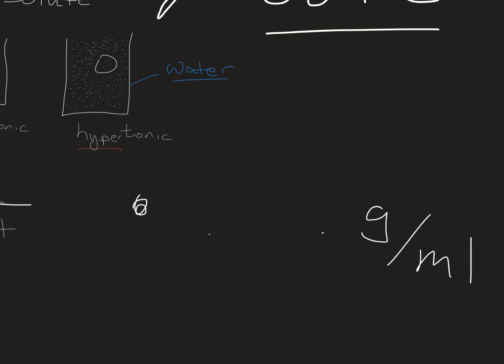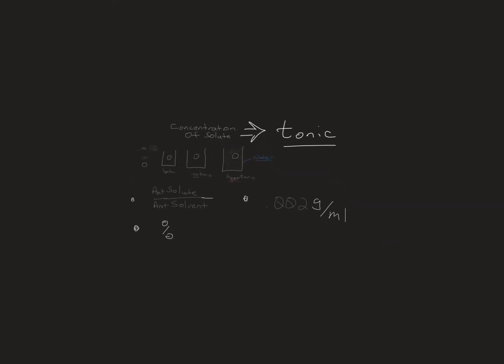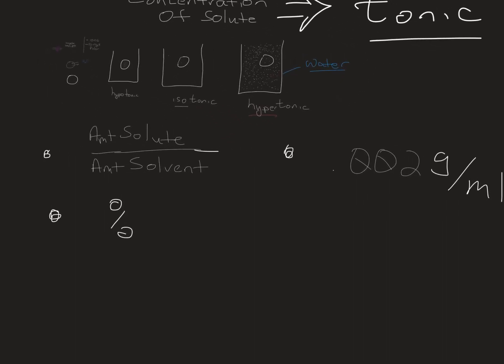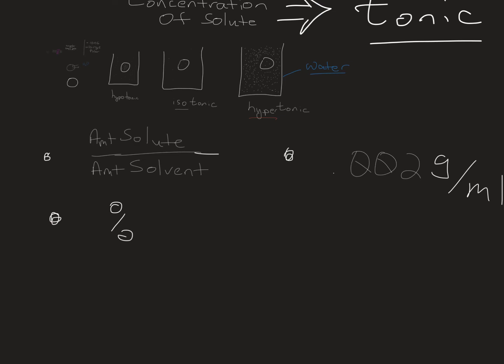But whatever, it's either going to be bigger or smaller. Does that make sense? It's either going to be bigger or smaller. Either the percentage is bigger or smaller, or the decimal is bigger or smaller, or the fraction is bigger or smaller, whatever, when we're talking about whether something is iso or hypotonic. It's just that simple as far as that's concerned.